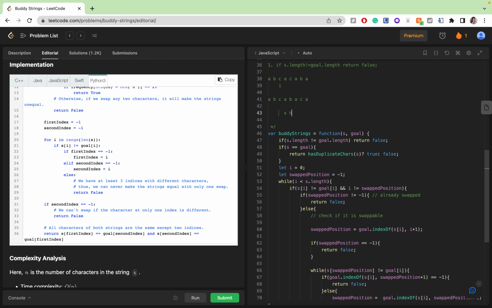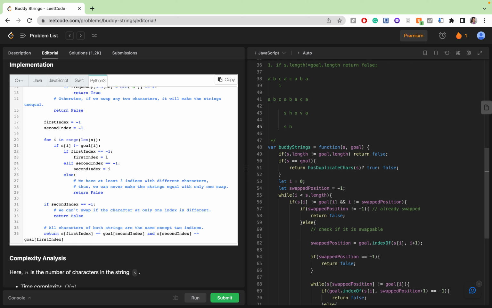I mean, suppose this is O, P and A, and this is H, O, P and A, suppose this is A and S. Well, this is also S. So here what I'm trying to do is A and S, right? So this is different. So I'm trying to find the first S here. Okay, so these are not equal, right? This O and A are not equal, so I return false immediately. But I should have tried looking at this one.